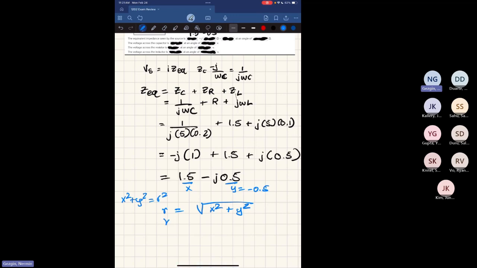So from here, we can plug in what we have. And using the calculator, that should give us 1.58.